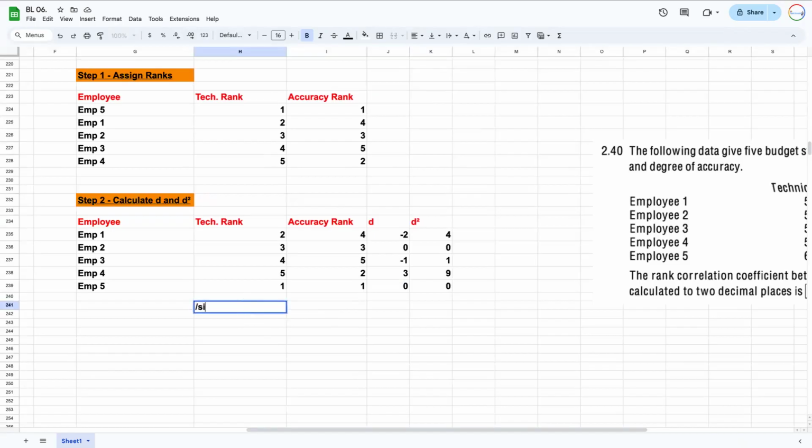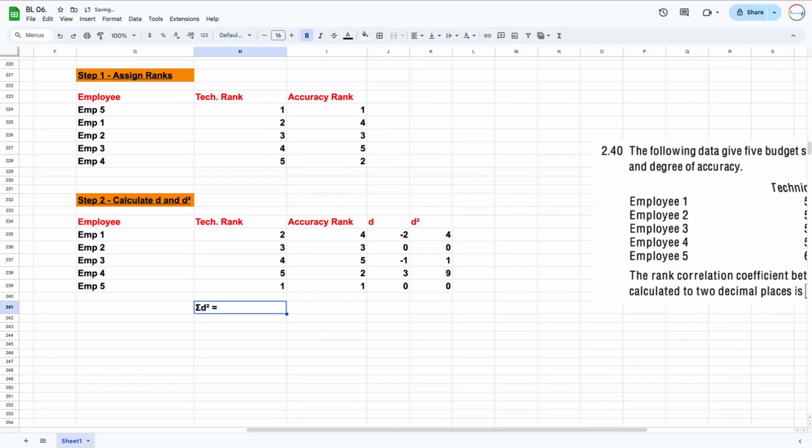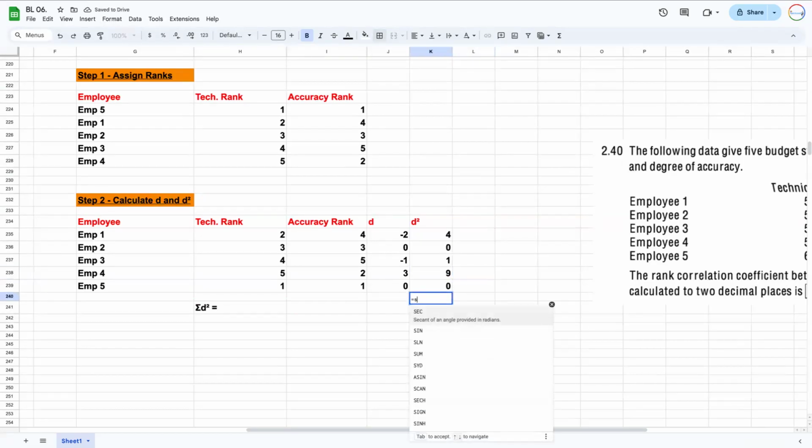Now we can apply it in the formula to calculate this part, the sigma D squared. Sigma D squared is the sum of all these D squared values. How much is it coming?